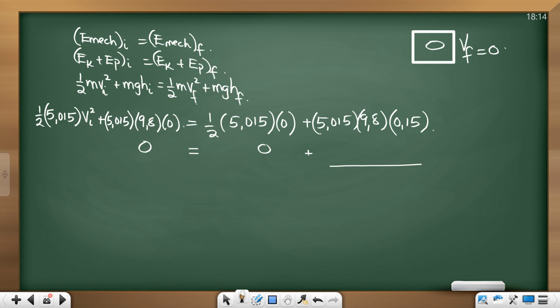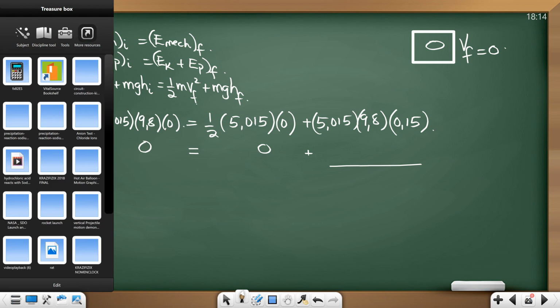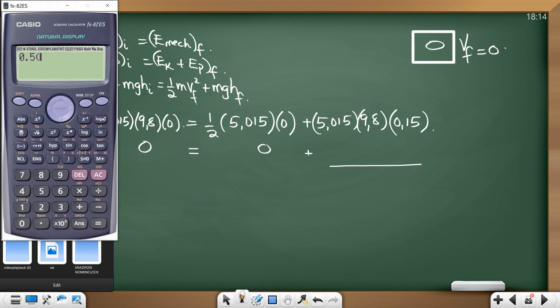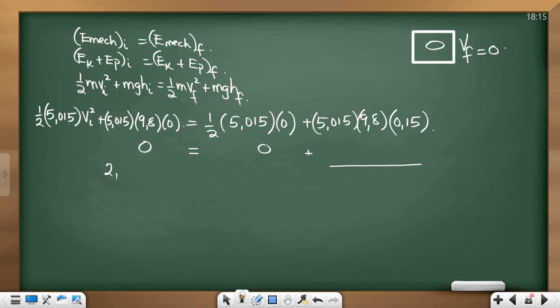I will do the one on the left. The one on the left, 0,5 times 5,015, is 2,5075.